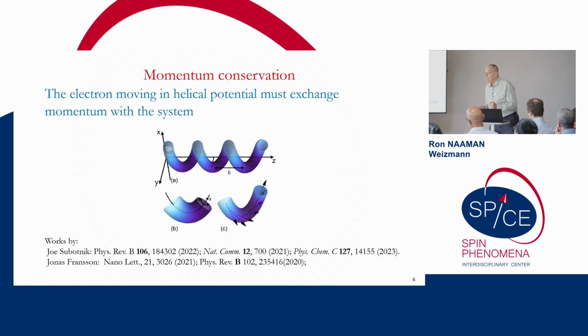And here we come to the chiral molecules. Now, look now at the chiral molecules from this perspective. An electron going through a chiral molecule must collide with the walls. If this collision is spin dependent, namely there's spin-orbit coupling, and that's another issue, we will discuss it, then it will scatter at a certain angle with one spin and a different angle with the opposite spin.